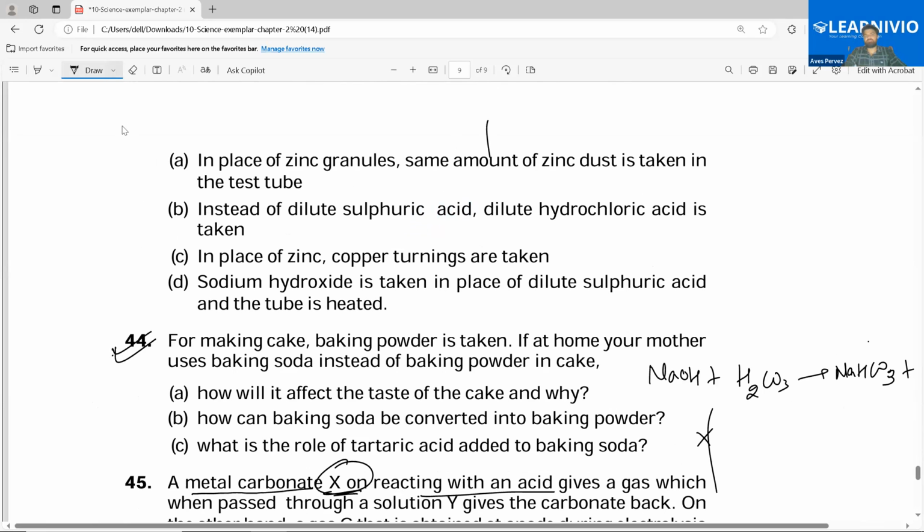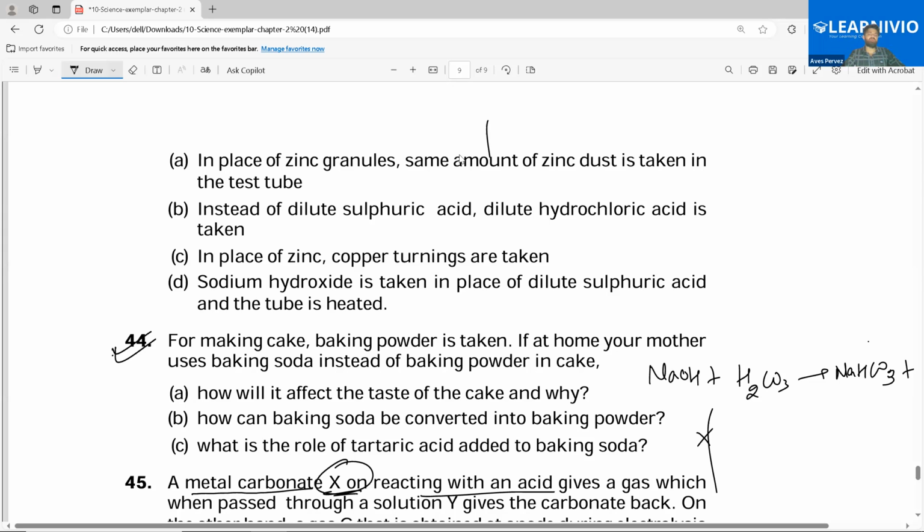Tartaric acid. Tartaric acid. Okay, next, the C part.